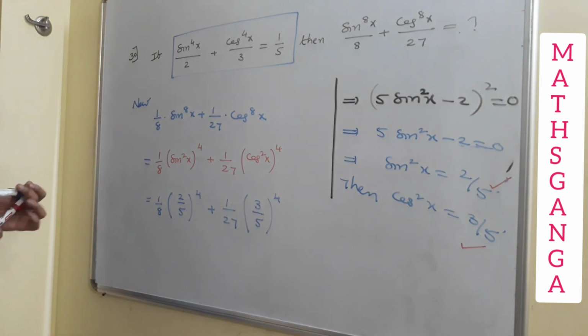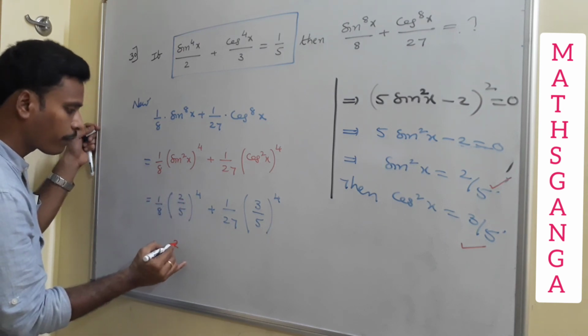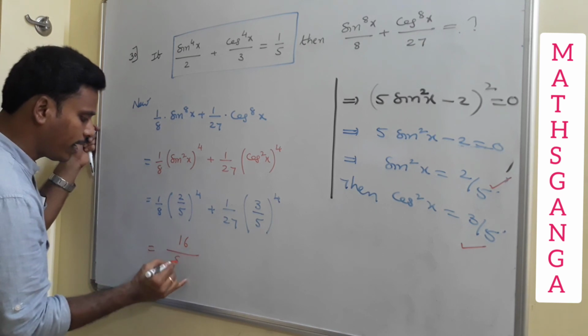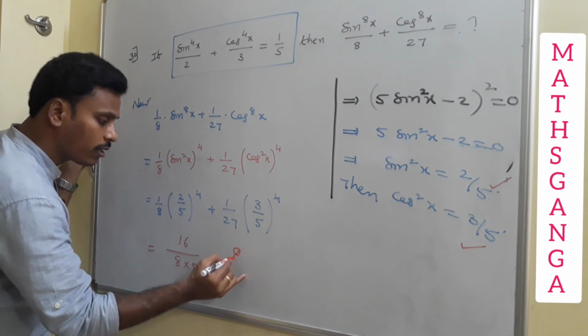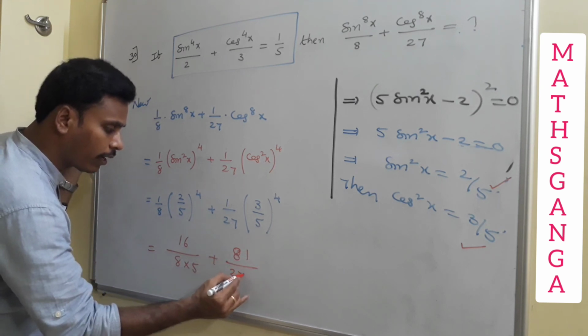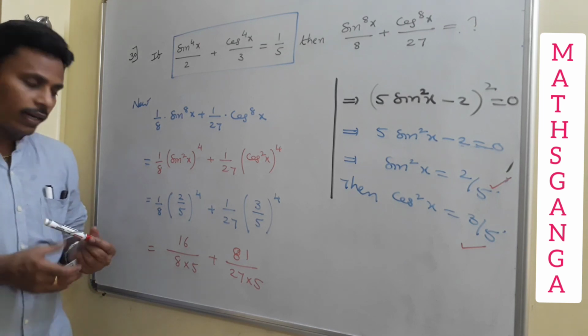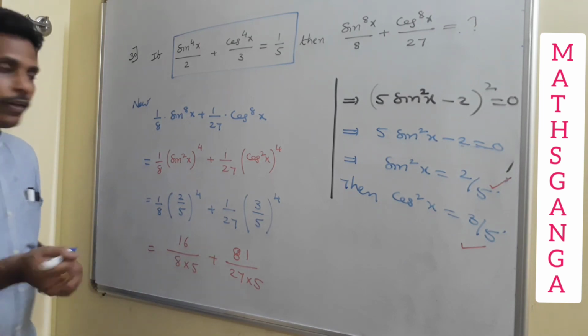And further, how to simplify? And this is equal to 2 power 4. Okay? Yeah, I can write directly. 2 power 4 is 16 divided by 8 into 5, plus here 3 power 4 is 81 divided by 27 into 5. Is it right? And now 16 by 8 into 5 and 81 by 27 into 5.